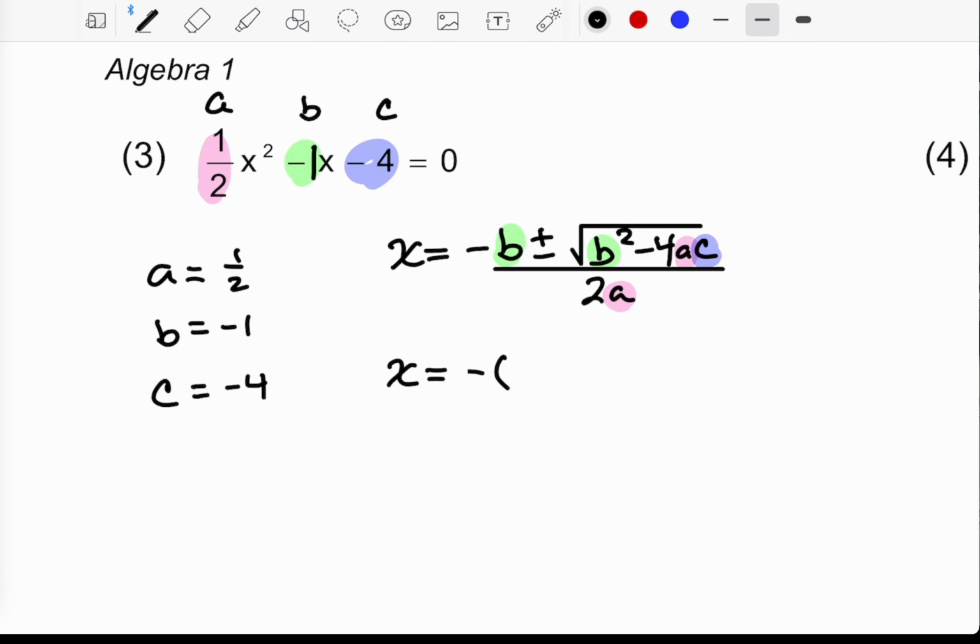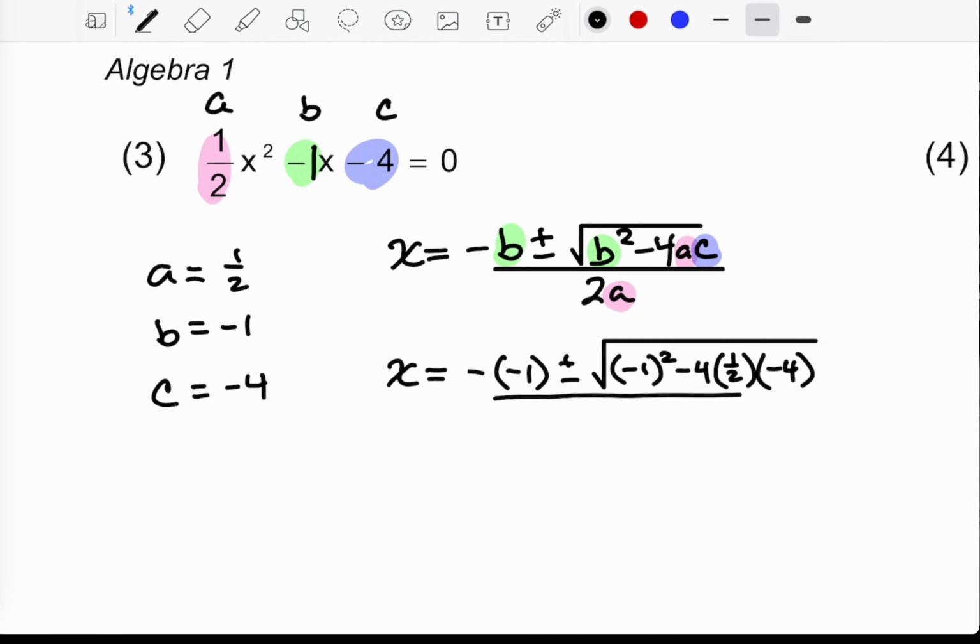So negative negative 1. So a little double negative action going on there. Negative 1 squared minus 4 times 1/2 times negative 4. Never make my radical big enough. All over 2 times 1/2.